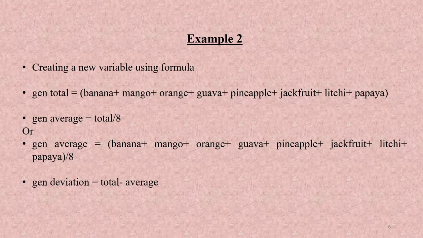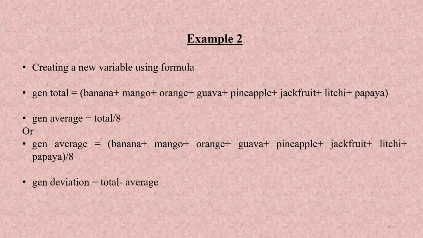Suppose we need to create a variable which takes the sum total of area under all these selected 8 fruits, and we name it total, which is nothing but the sum total of area under these 8 fruits.